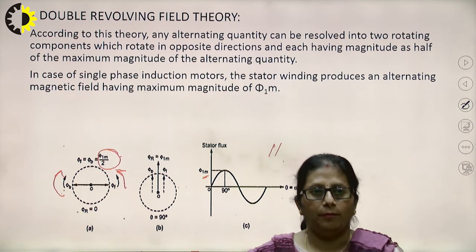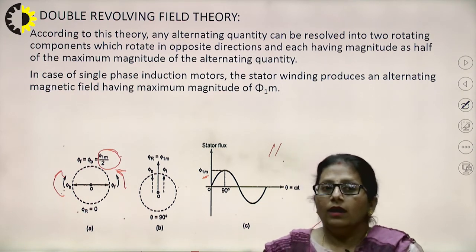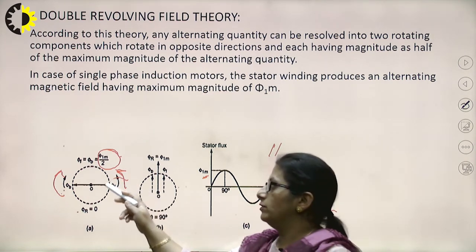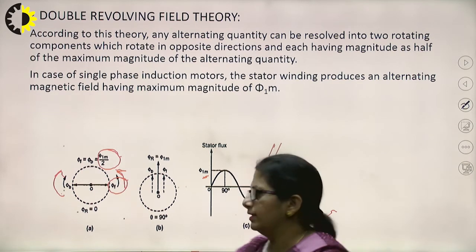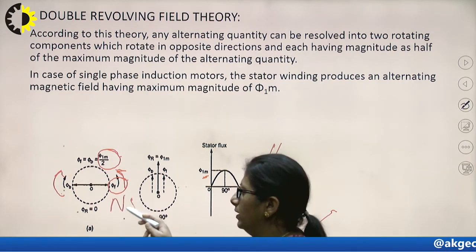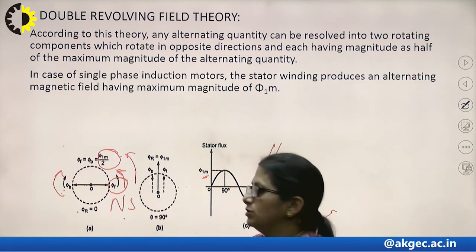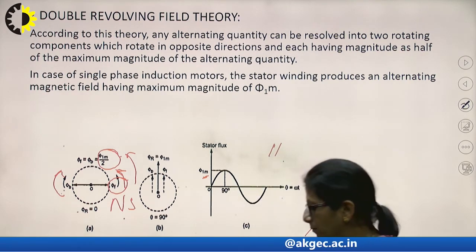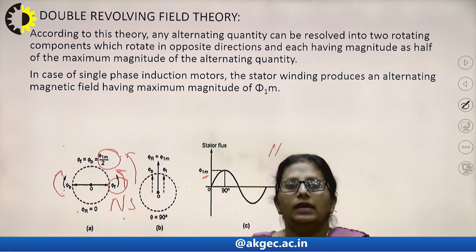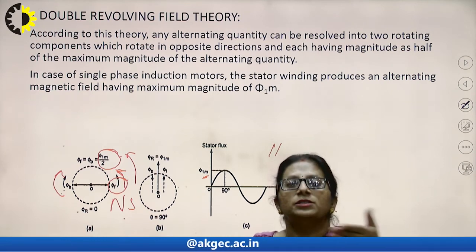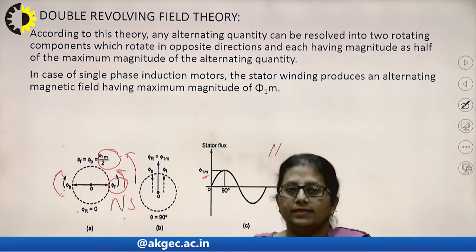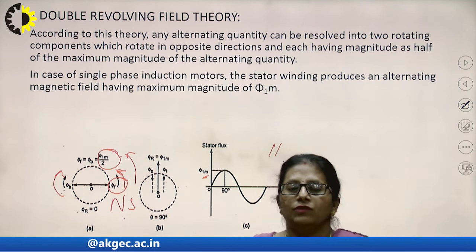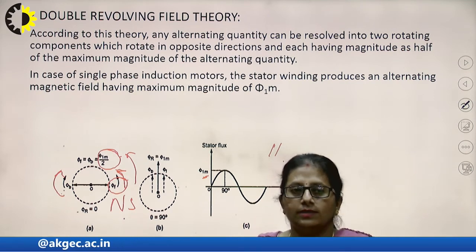So what is going to happen? If I just consider φf, it is rotating at a speed of NS in anti-clockwise direction, right. Now what is going to happen? The rotor conductors are stationary, exactly as in the three-phase induction motor, right? So the rotor conductors are stationary.